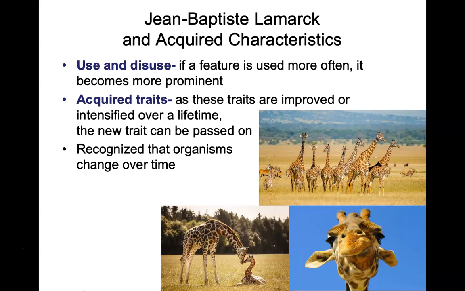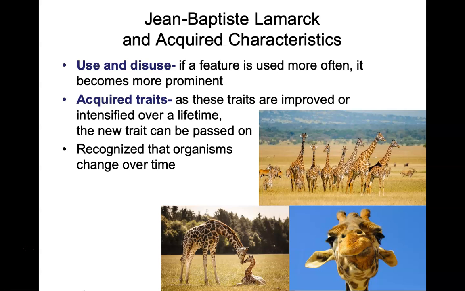Now, this directly contradicts the current idea of evolution, because in the current idea of evolution, individuals do not change. They're basically genetically static. They have the trait that they're born with, and that's it. Those traits don't change over time. The traits in a population can change over time.